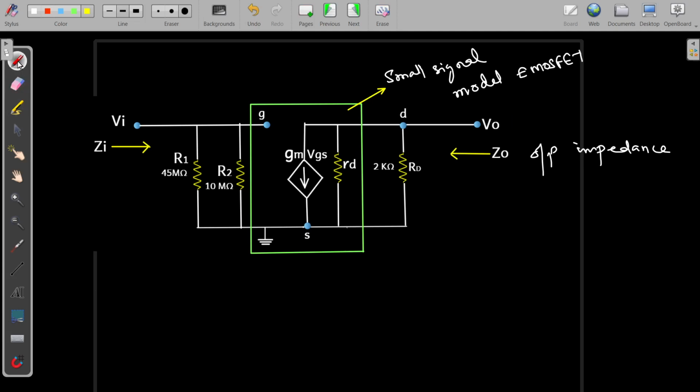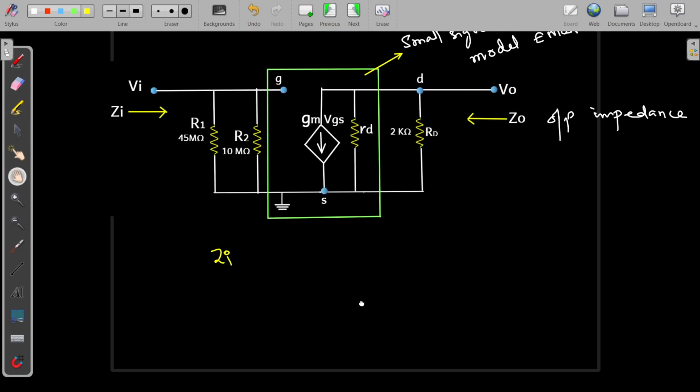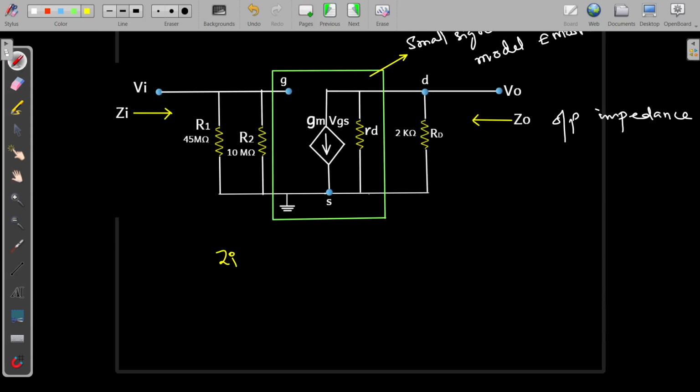So now we are going to determine this Zi. We can easily calculate it. When you are looking into the circuit, we have only two resistances, R1 and R2, connected in parallel. So R1 is 45 mega ohm; since it is a parallel connection, we multiply by R2, that is 10 mega ohm, divided by R1 plus R2, so 45 plus 10 mega ohms.